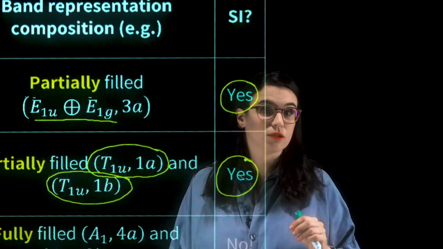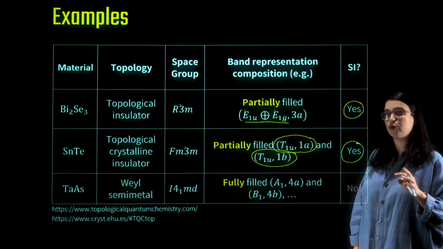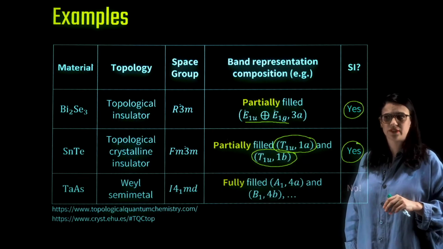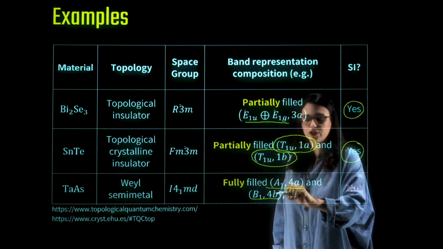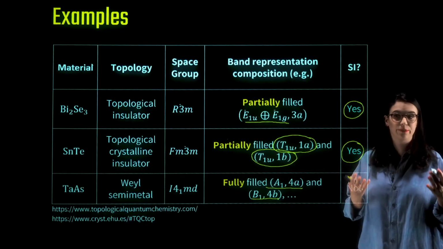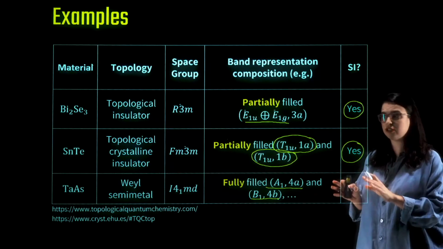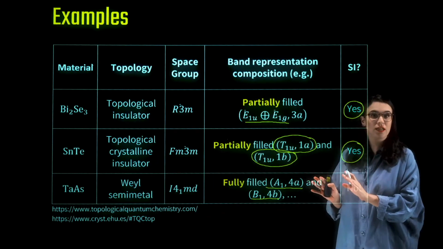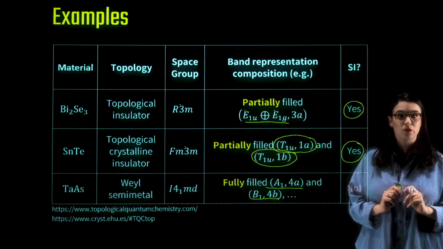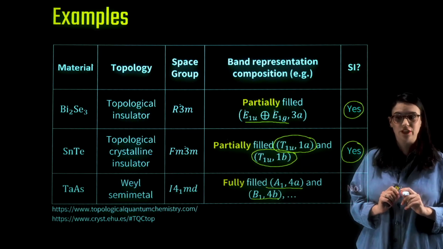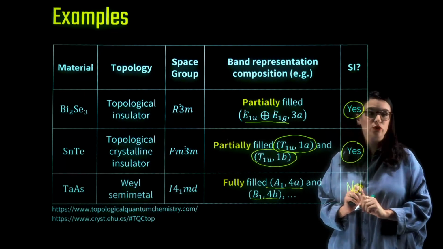But finally, tantalum arsenide, which you have learned is a Weyl semimetal, if we look only at the band representations, you will find it completely compatible with a linear combination of elementary band representations. And this means that, in fact, the topology of tantalum arsenide cannot be checked just by looking at symmetry eigenvalues, and it is not symmetry indicated.